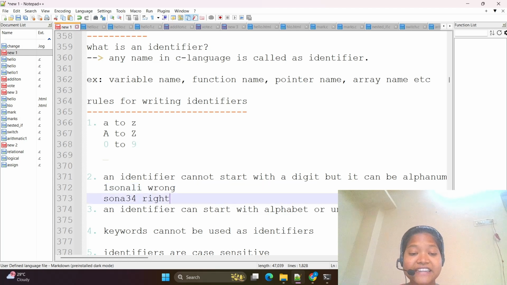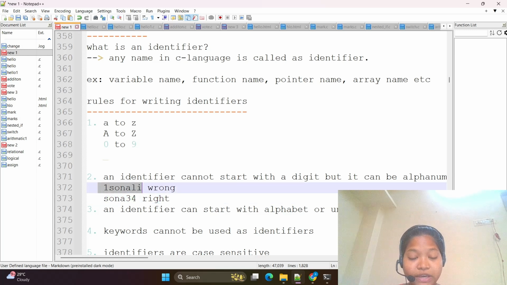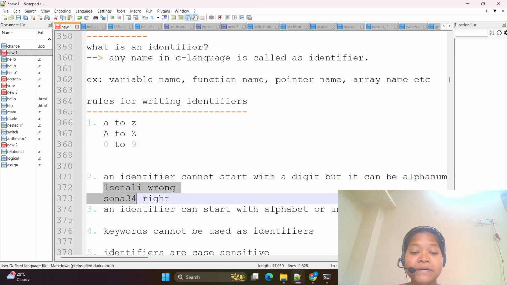But we can write Sona34 because it's alphanumeric. Both are alphanumeric names, but the starting letter of the name is a number, which is not allowed. The first letter of the name cannot be a number. Got it?